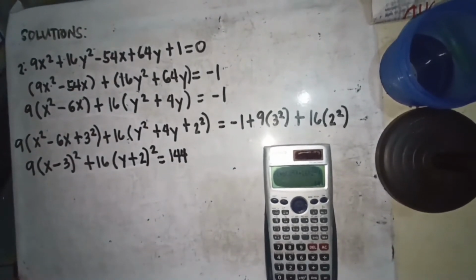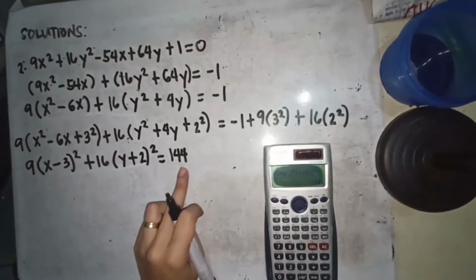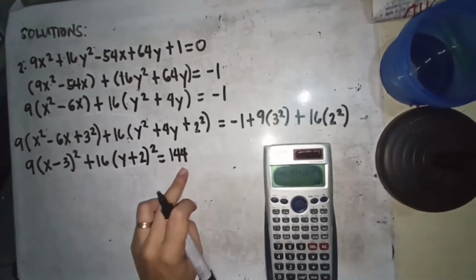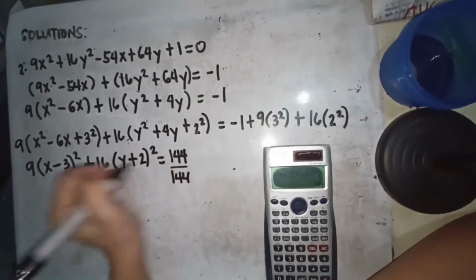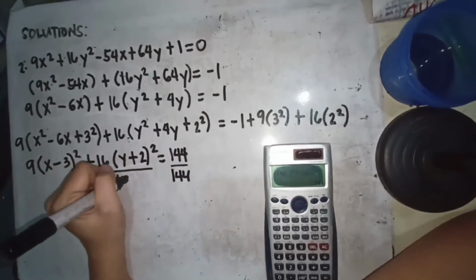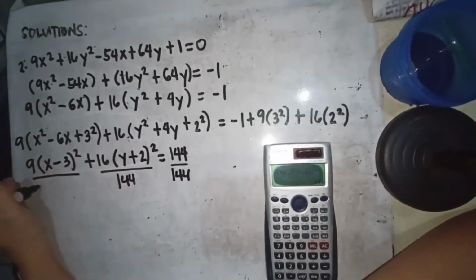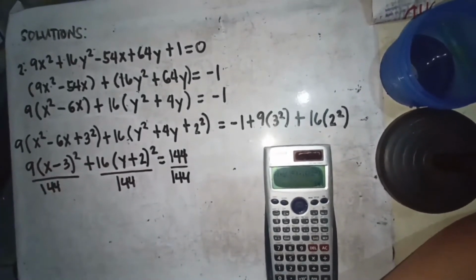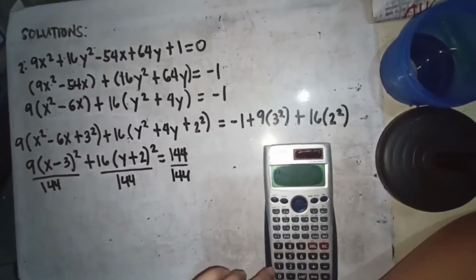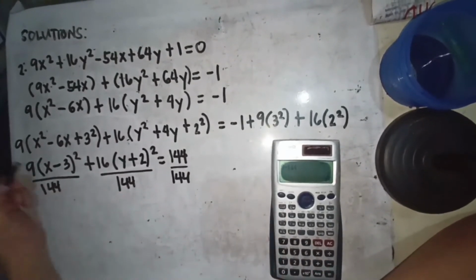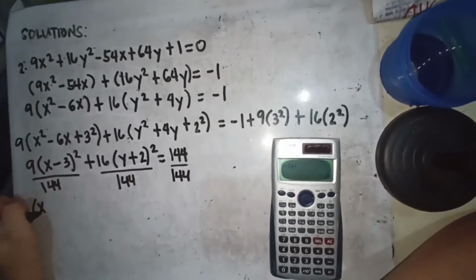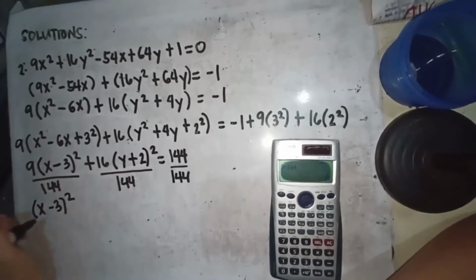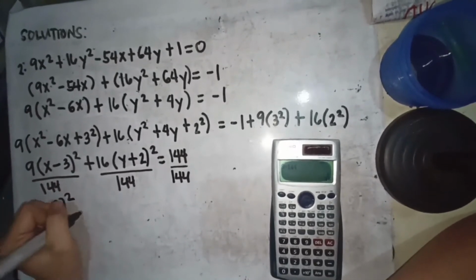Okay, next step, since these are simplified, the next step is to divide all terms by 144 so that only 1 remains here. So, divide by 144, this also divided by 144, same with this, 144. So, we have 9 divided by 144, that is 1 over 16, times x minus 3 squared, we'll have x minus 3 squared over 16.